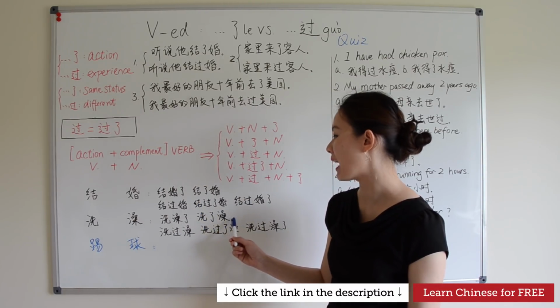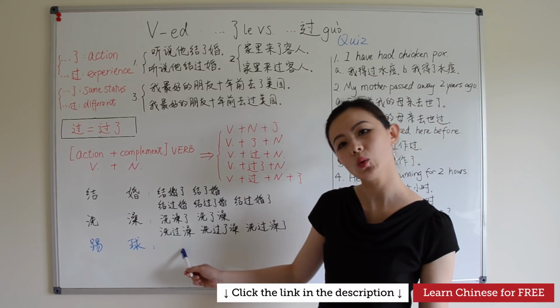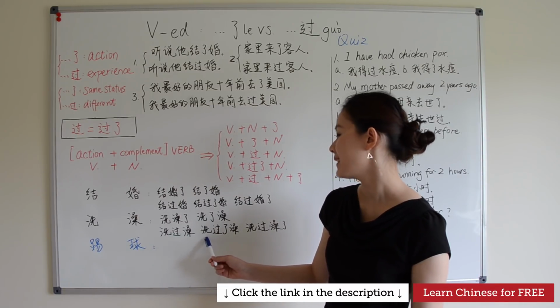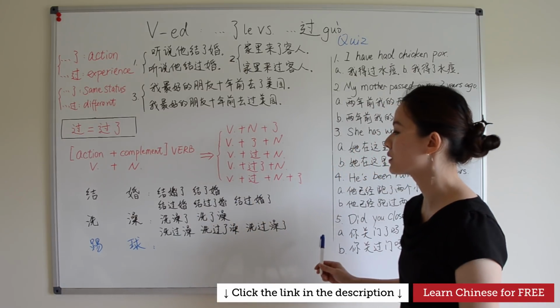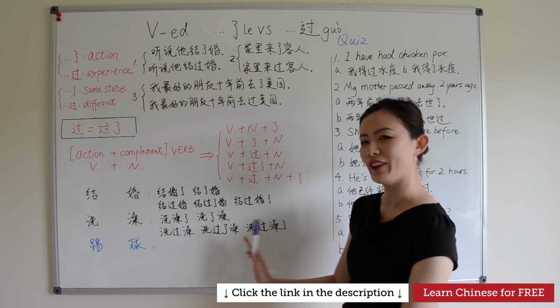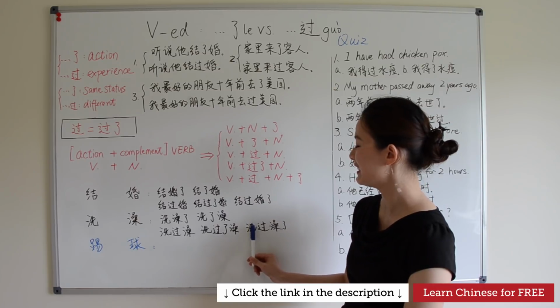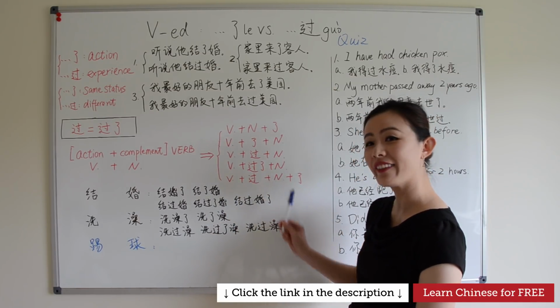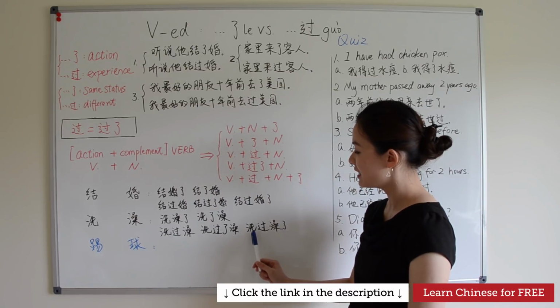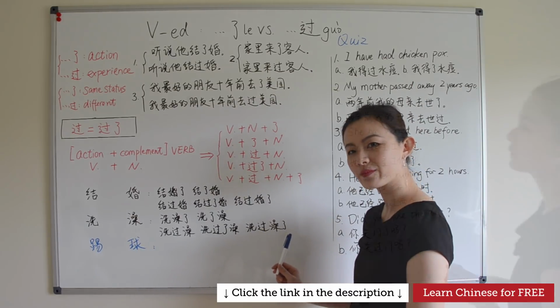他洗了澡, or 他洗过澡, 他洗过了澡. Or the last one, probably the most difficult one, but it's more fun. So 洗 verb, 过 and 澡 noun and 了. 他洗过澡了.